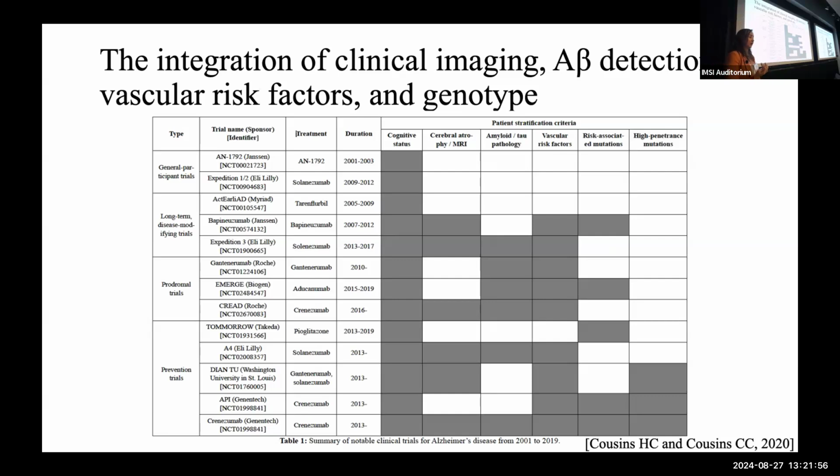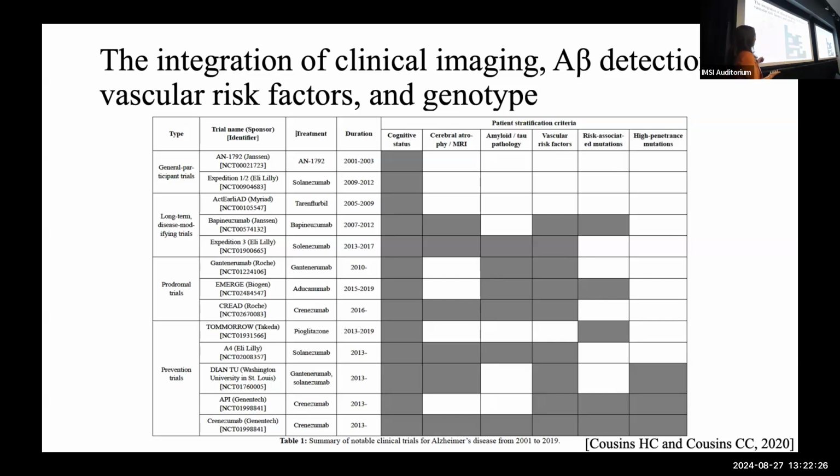Rather than recruiting participants based on their symptoms, the current ongoing and most recent clinical trials incorporate the biological definition of the disease. This is important because the trials target a particular biology. They try to remove, for instance, amyloid or tau pathology, and they need that pathology present in their participants to show the efficacy of their treatments.